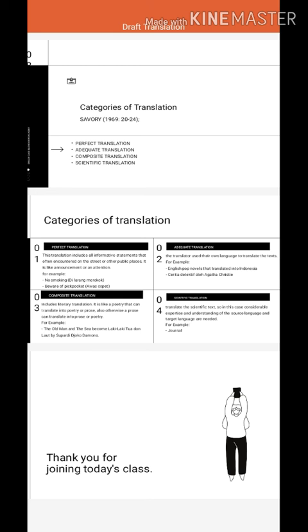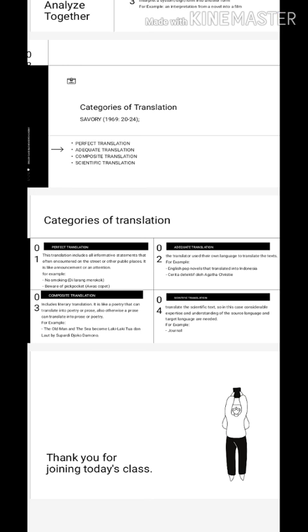This translation includes literary translation. It is like poetry that can be translated into poetry or prose. Also, in other ways, prose can be translated into prose or poetry. The results give satisfaction for the translator. For example, The Old Man and the Sea becomes Laki-laki Tua dan Laut by Sapardi Djoko Damono.